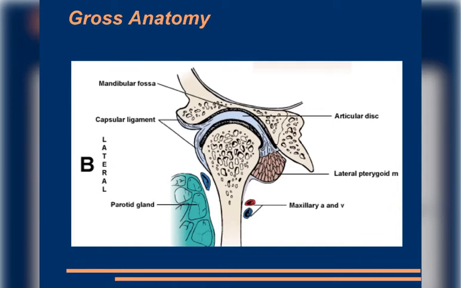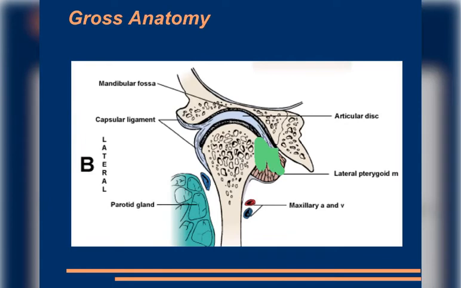When this muscle contracts, it pulls forward and downward the disc and the head of the condyle, because it's bound to both.